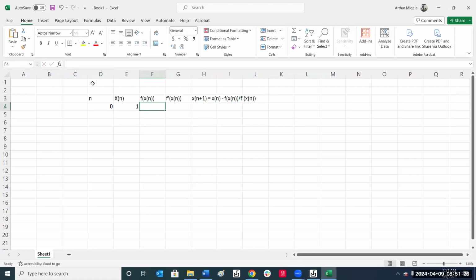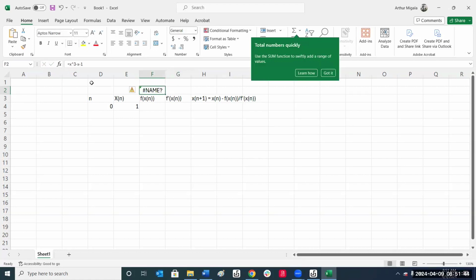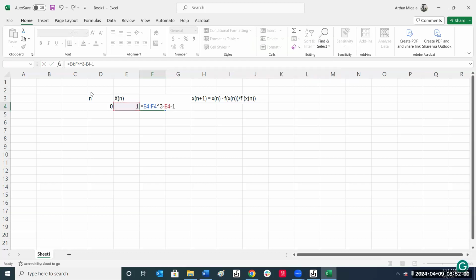So let me put the equation here. This is x cubed minus x minus 1. Yeah, I gotta do it down here. This is this value cubed minus this value minus 1.